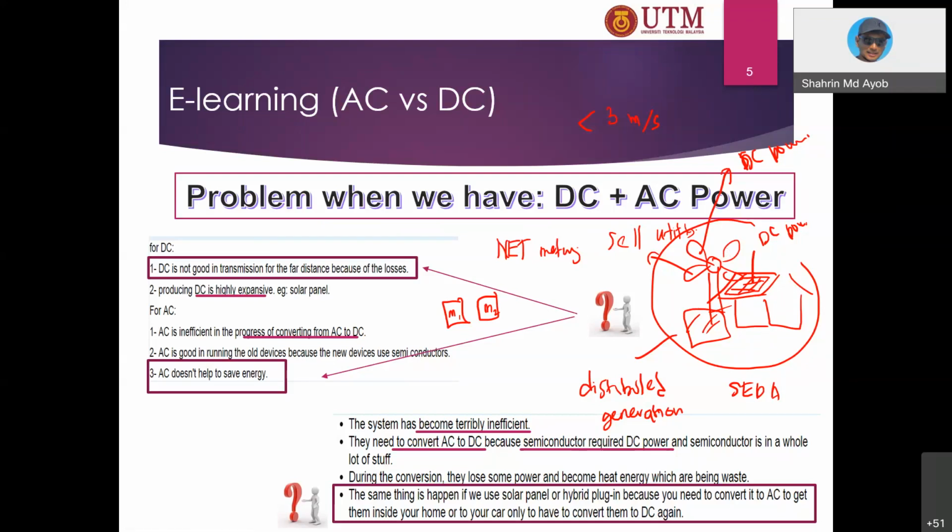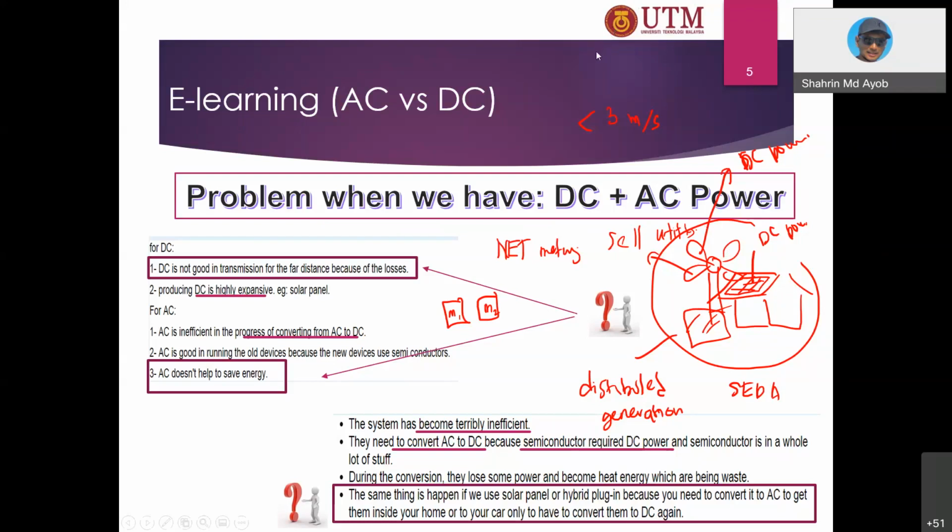Malaysia is very, very far away. We are still depending on the coal generator, batu arang, and also hydroelectricity. But hydroelectricity is also not very high compared to other countries.